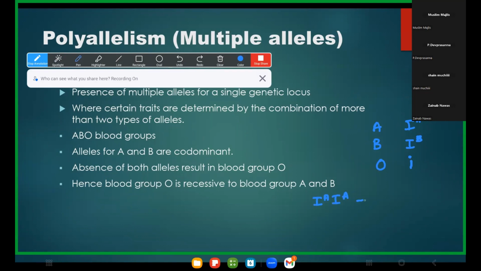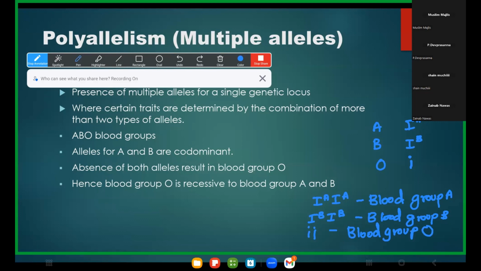So if we consider this, in homozygous state, IAIA would be blood group A, IBIB would be blood group B, and simple ii would be blood group O. Interestingly, this blood group O, simple i allele, is recessive to both IB and IA.